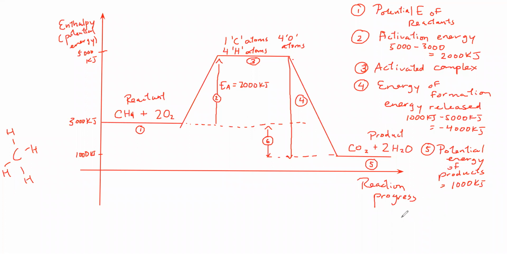The most important of all the numbers I've left for last. In fact, it is number 6. Now, number 6 is what we call the delta H, the change in H. This is the one that we've been studying this whole time when we're talking about Hess's law, when we're talking about dissociation, when we're talking about releasing and absorbing energy.